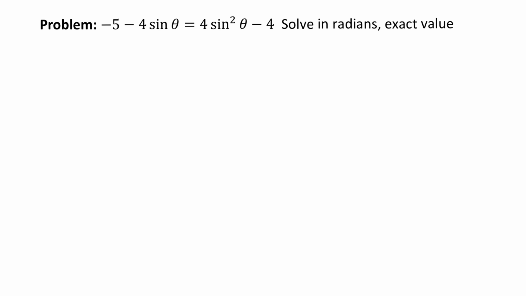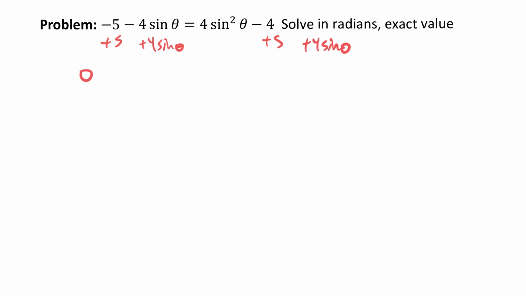Well, let's say we had a situation like this, where we have a trig equation, but it looks a lot harder than before, and in particular, we have a squared here. We have sine squared. That's not going to be solvable with our regular method of isolating the trig ratio because, if we moved everything over, if we move the 5 over here and move the 4 sine over here, we're going to have something like this.